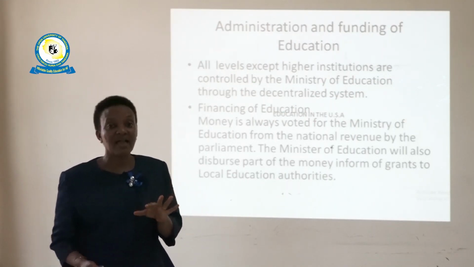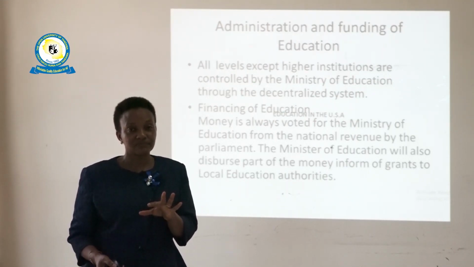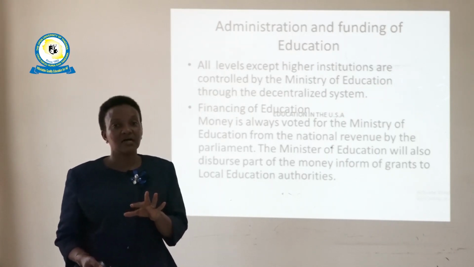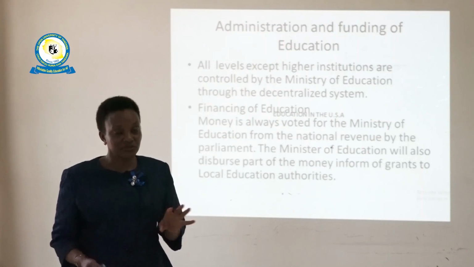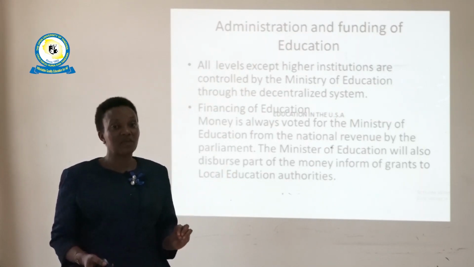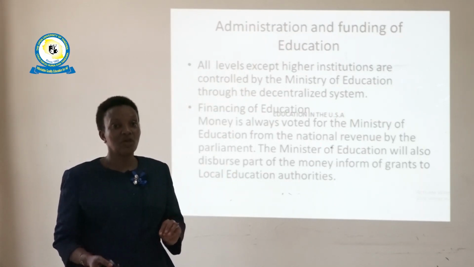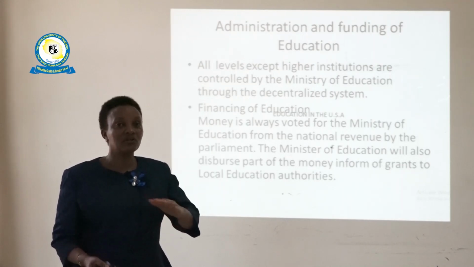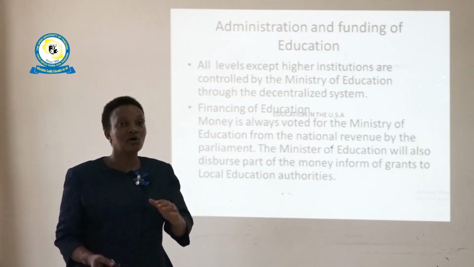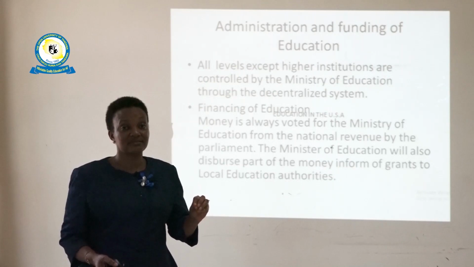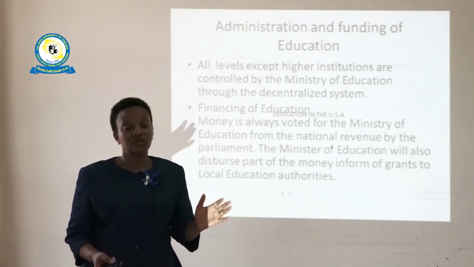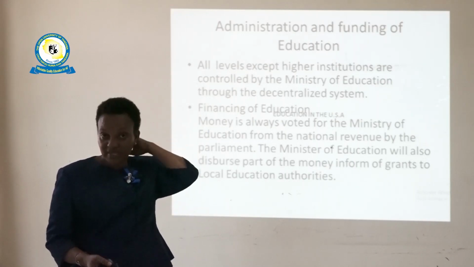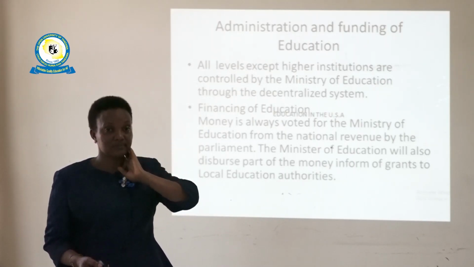However, the higher institutions are controlled by the Ministry of Education. So there is this specific organ, the Ministry of Education, which controls all the principles, processes and procedures that are followed by private institutions in order to administer and control the education system.